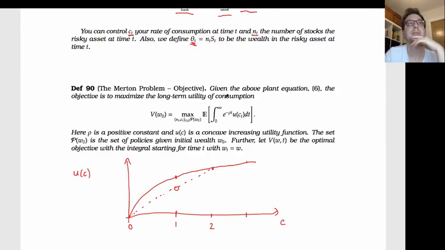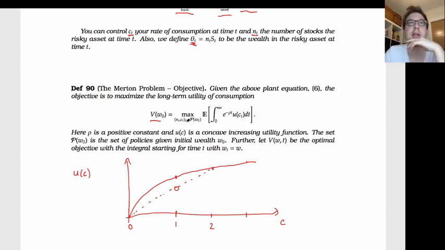Our objective is to maximize our long-term consumption. So here our value function is going to look at the maximum that I can get of investing my wealth in stocks and in consumption.